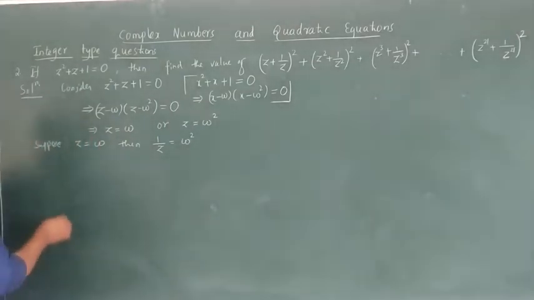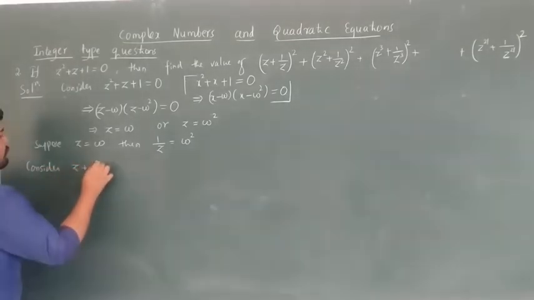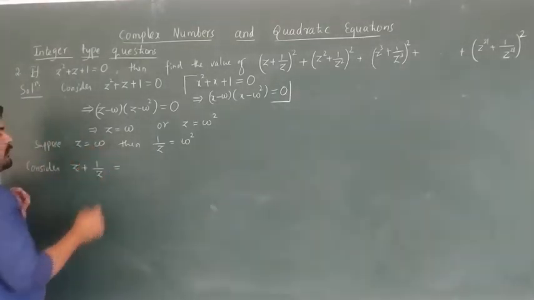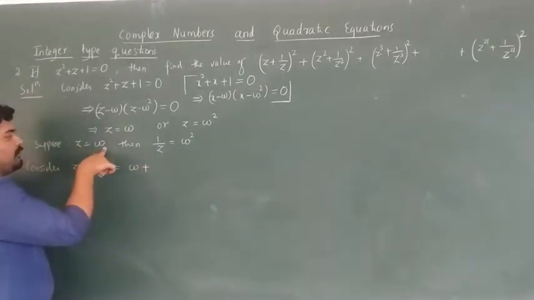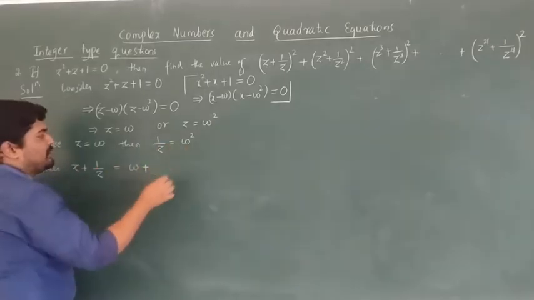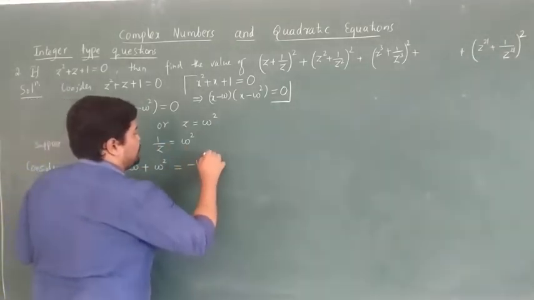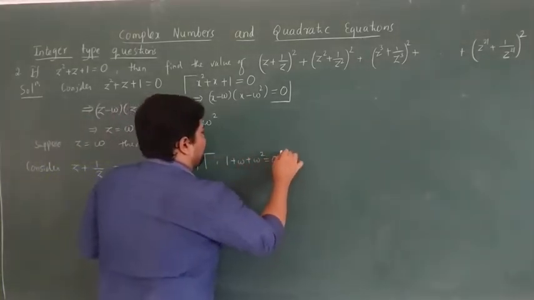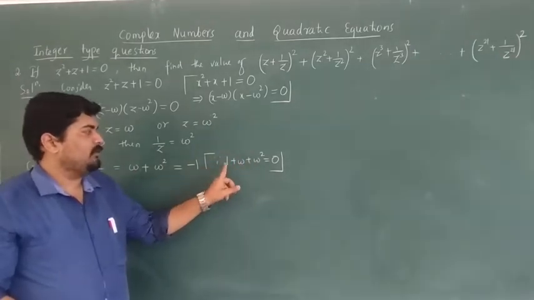Now consider z plus 1 divided by z. That is, I will consider z as equal to omega here. Omega plus, if z is equal to omega, then 1 divided by z is equal to omega square. That must be equal to minus 1, because we know that 1 plus omega plus omega square is equal to 0. Now if you consider only omega plus omega square, you get equal to minus 1.